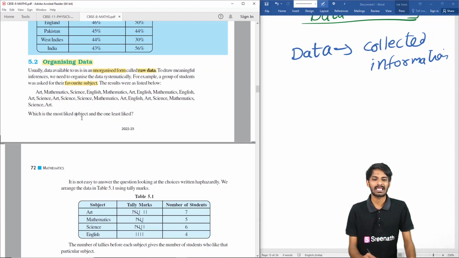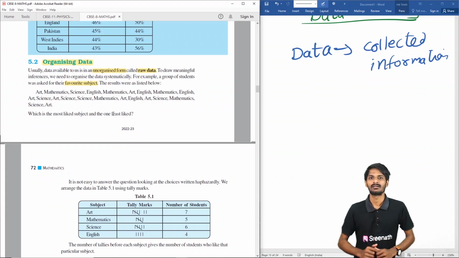Which is the most liked subject and which is the least liked subject? By seeing it, can you directly tell? No, it takes some time, to compare how many times each subject is repeated. So this is the problem with the raw data.